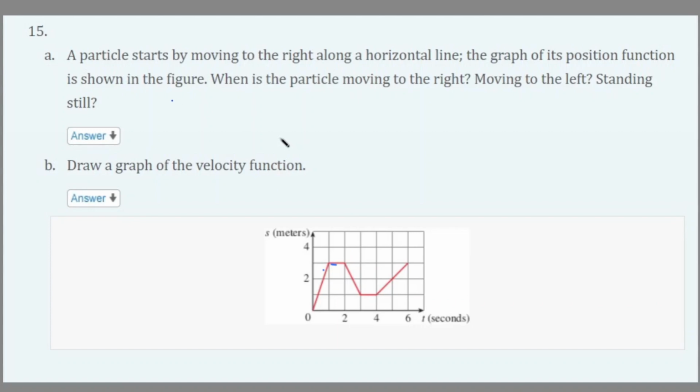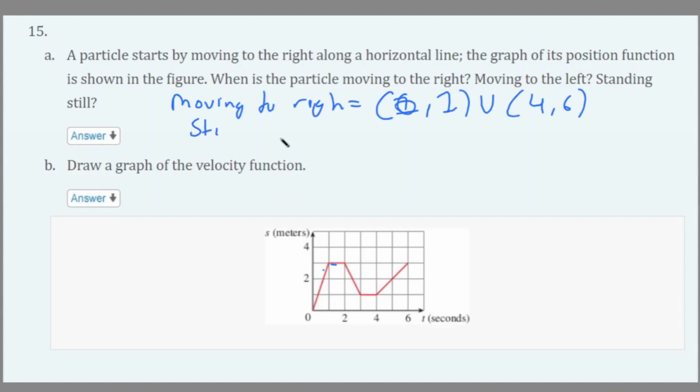So we can say moving to the right, it moves to the right from the x value of 0 to 1, and what else? At 4 to 6 as well because it's increasing.